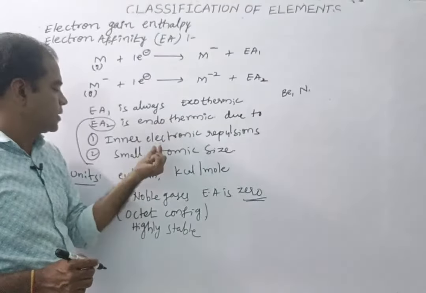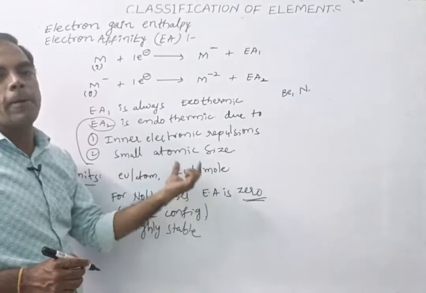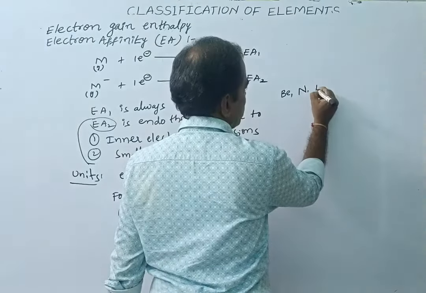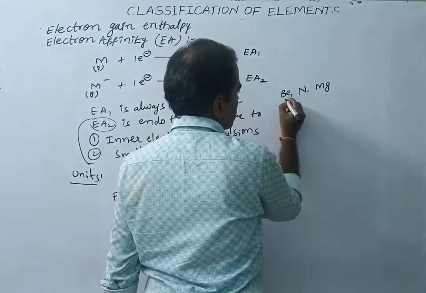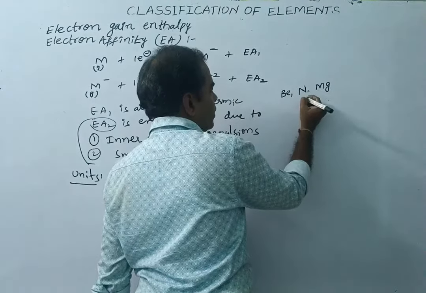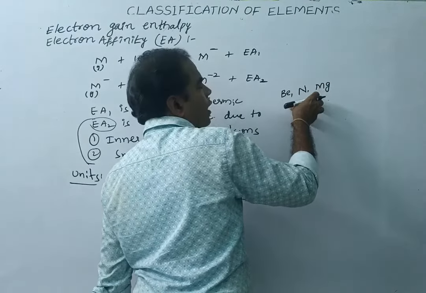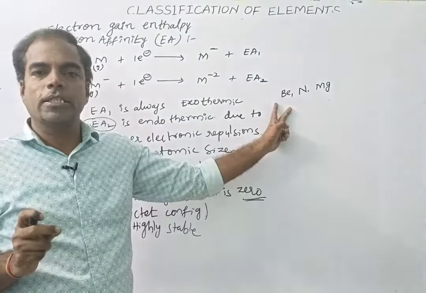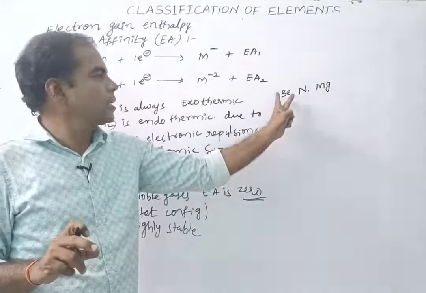That is the reason why second electron affinity is positive. Beryllium, nitrogen, and another one is magnesium. These have completely filled or half filled configurations, so for beryllium, nitrogen, and magnesium, first electron affinity is positive, that means endothermic.